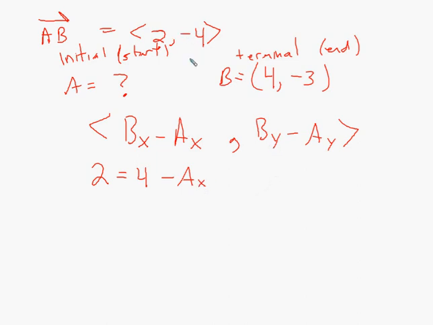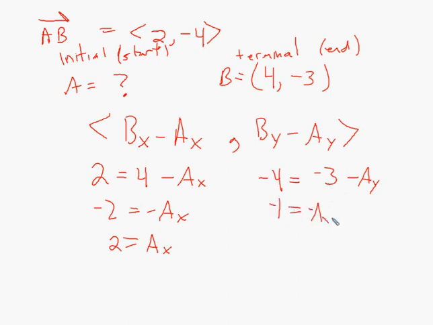And right here, I know that I got negative 4. So it means I take by, negative 3, and subtract ay from it. Subtract the 4. So ax is 2. And add the 3. And then that means ay is 1. So what's my answer? 2, 1 is point A.